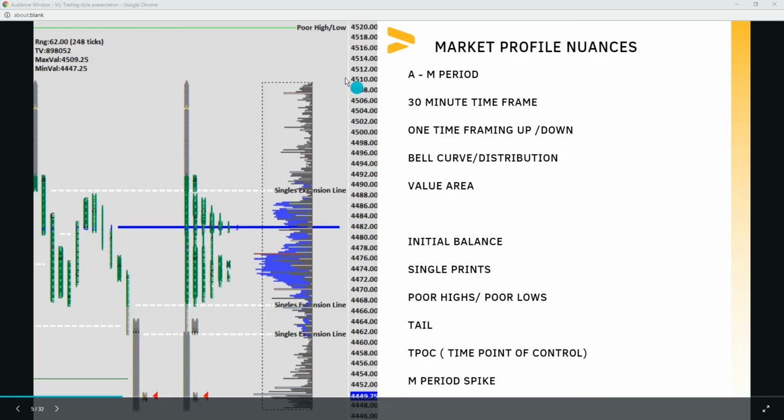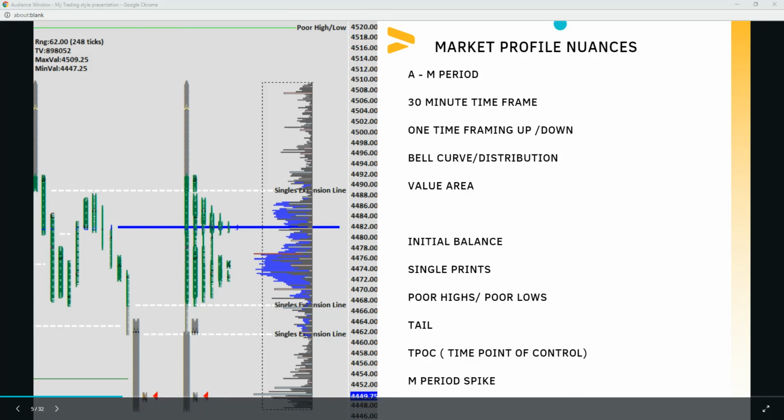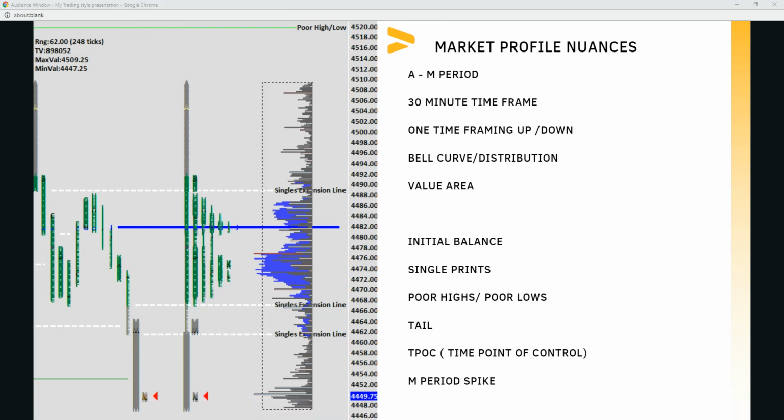There's good ways to use that information to either look for a failed breakout above a previous day's high and go back into range. These are little nuances that, within Dalton's teachings and his books, you will see various examples and theories around that.